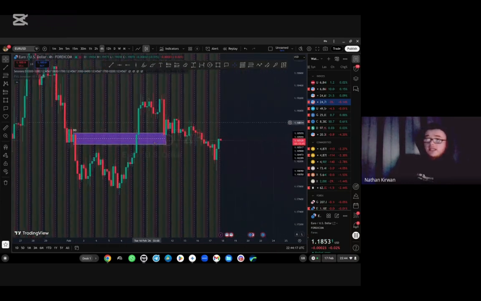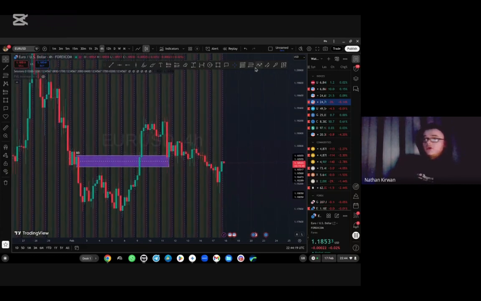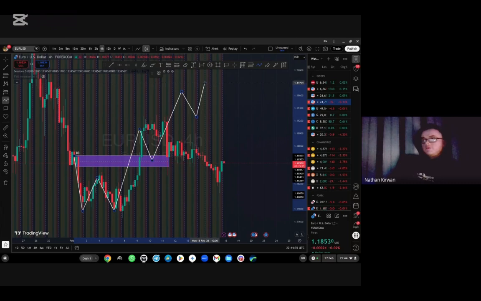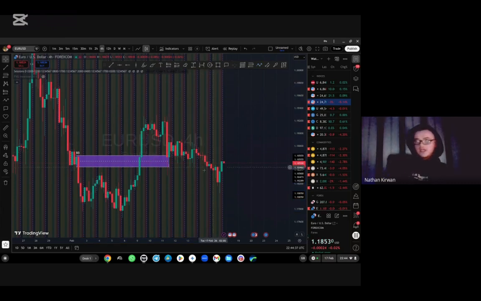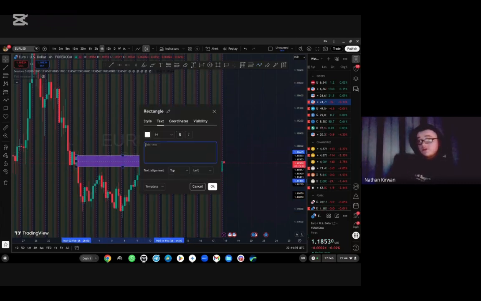So in the end, we didn't get the reaction. Realistically, for a valid order block you want the order block, bang, bang, bang, break through, get a reaction. Instead of getting a reaction to the downside, you're going to use this now as your floor, so to speak, and then keep going up. Like I said, I just use this as an example because it was there, it was handy.